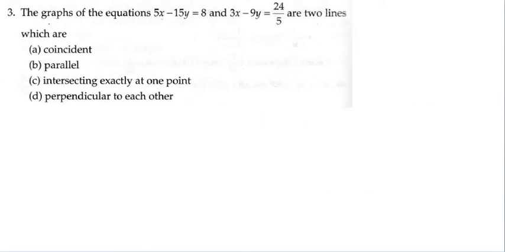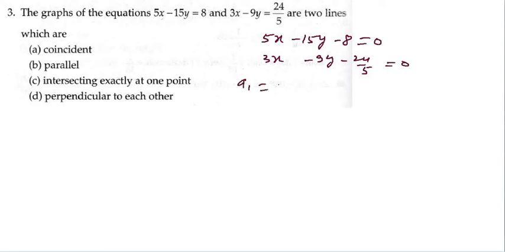Now come to the graph of this equation. We can write here 5x minus 15y minus 8 equal to 0, and here it is 3x minus 9y minus 24 upon 5 equal to 0.